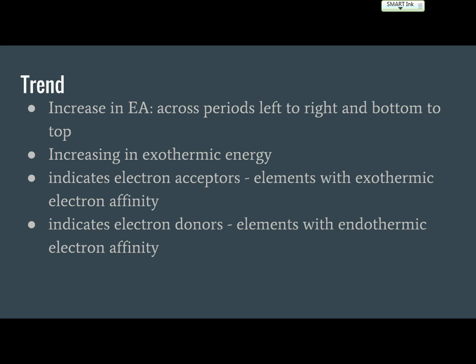The trends increase in exothermic energy across the period from left to right, and also from bottom to top. The trend is important because the more exothermic, very negative electron affinity values indicate electron acceptors, and the endothermic, positive electron affinity values indicate electron donors.